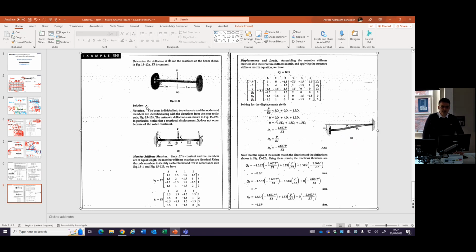And if you take a look at your coursework as well, if you have some doubt about how we can apply this to the coursework, we can discuss that as well. Because today's lecture is really what you need for the coursework, for that part that we skipped for the beam solution.